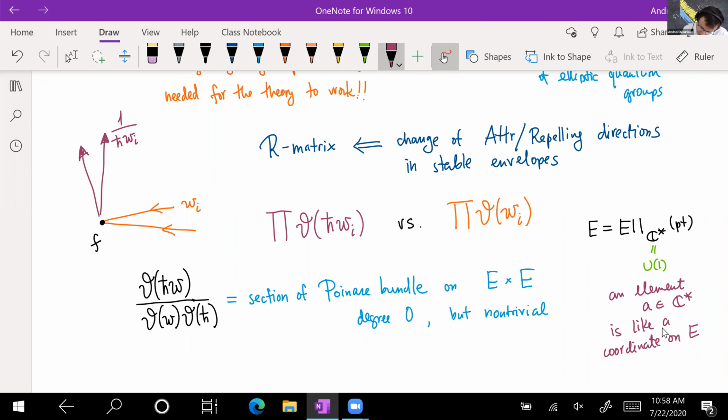In fact, you can think of E as A taking mod the powers of K.